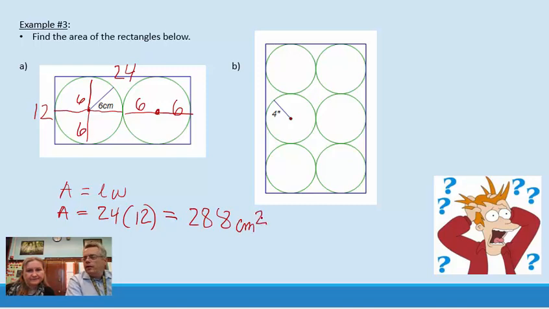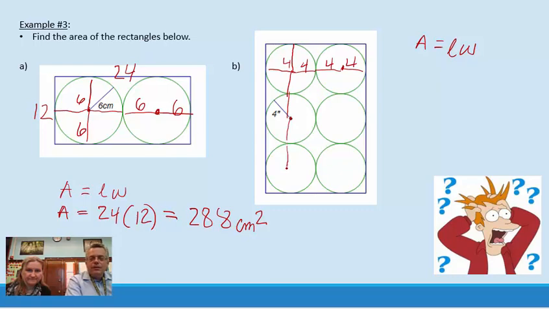So we know we want the area of a rectangle, and somehow we have to find the width and length from the information they gave us. This is a similar problem. This time we know the radius of each circle is 4. So if I go horizontally, we have 4 and 4 and 4 and 4. And if we go vertically, we have 6.